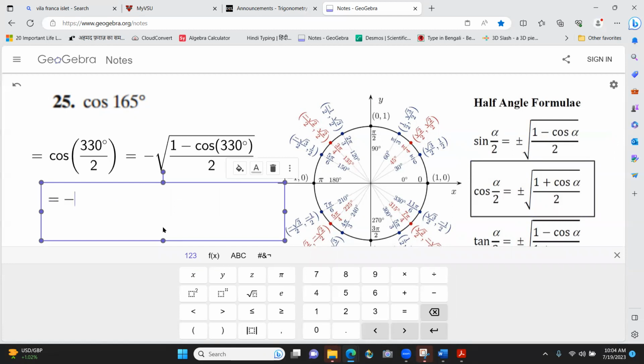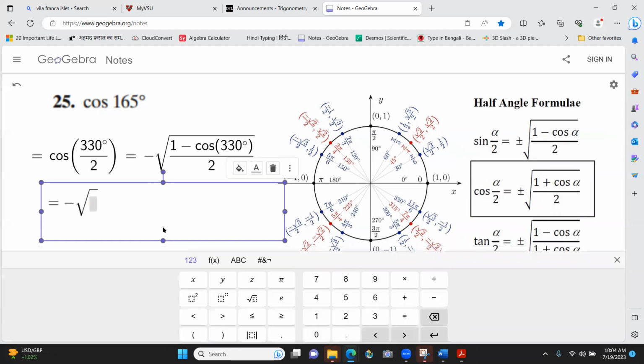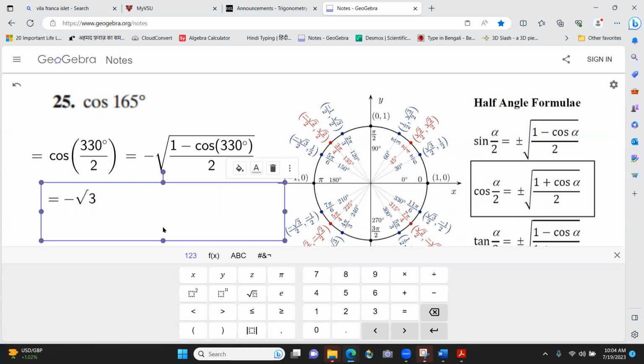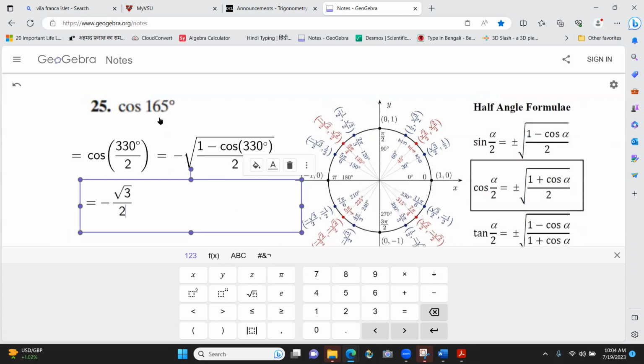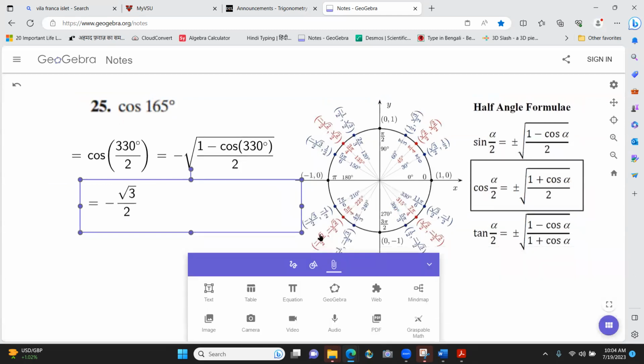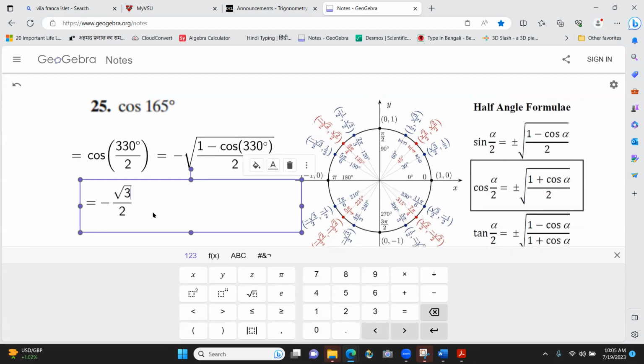This is equal to minus the radical sign, square root of 3 over 2, 1 minus, and then the whole thing.